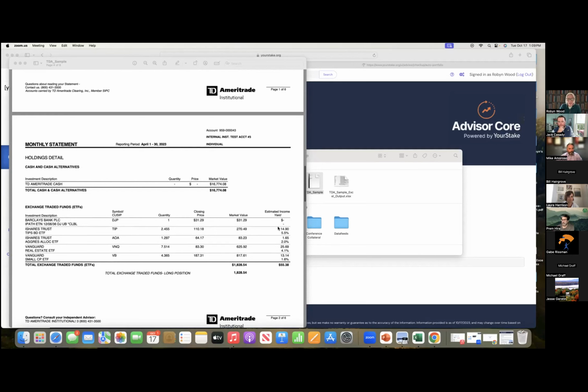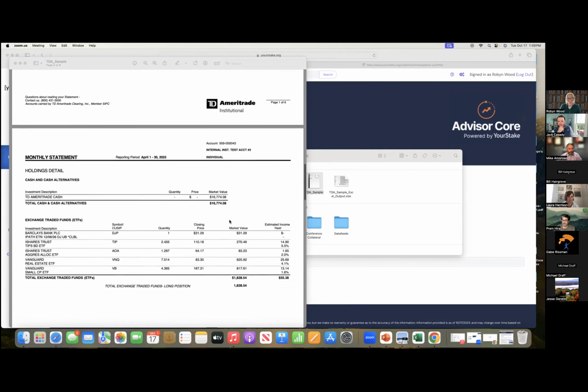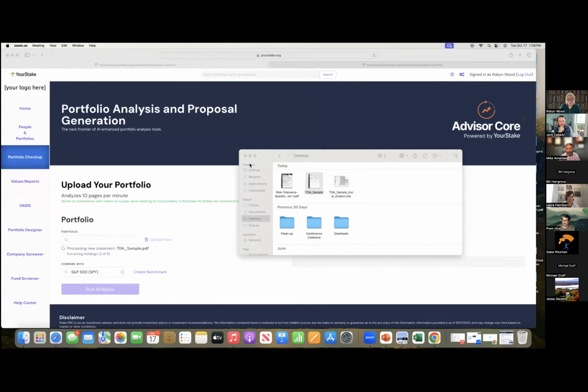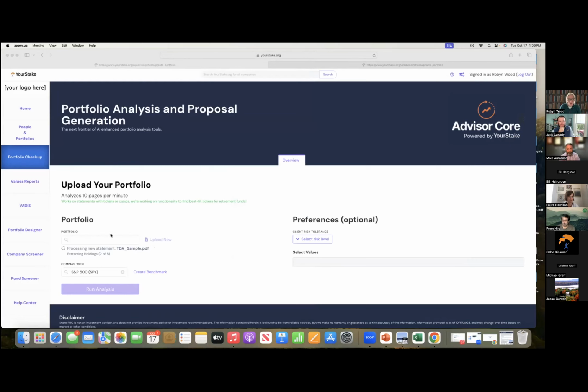We see the holdings, the values, that sort of thing. So instead of hand typing these all in, we're utilizing our tool to extract all of the holdings data. And just for today's purpose, I'm going to compare this with the S&P 500. We can just assume that I don't know a whole lot about this statement just yet.